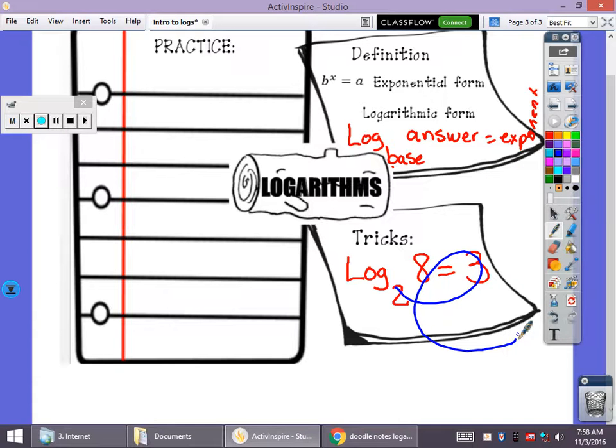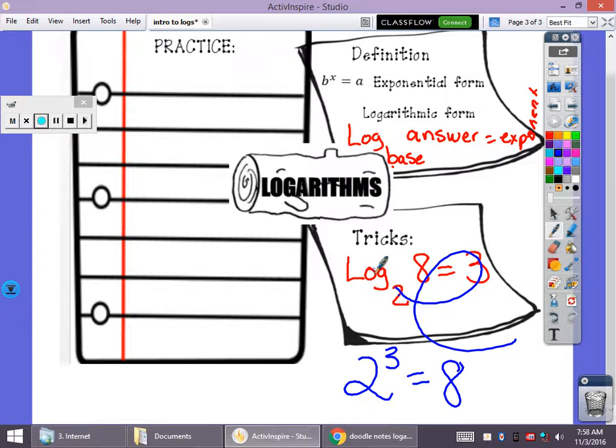To go from log to exponent, I do the E trick. So I started at 2, then I hit the number 3, and I ended at 8. So I just went from log to exponential form.